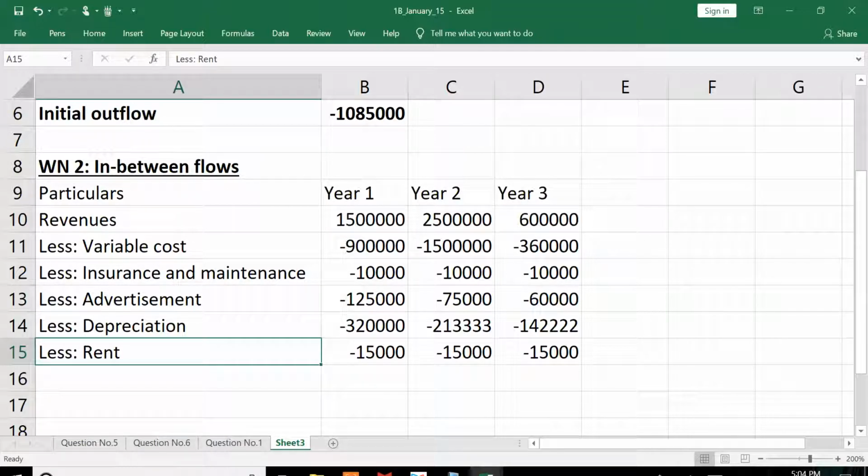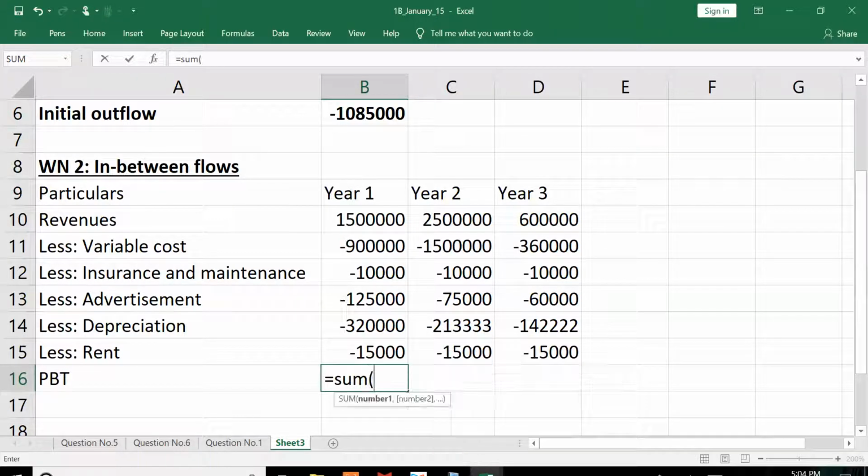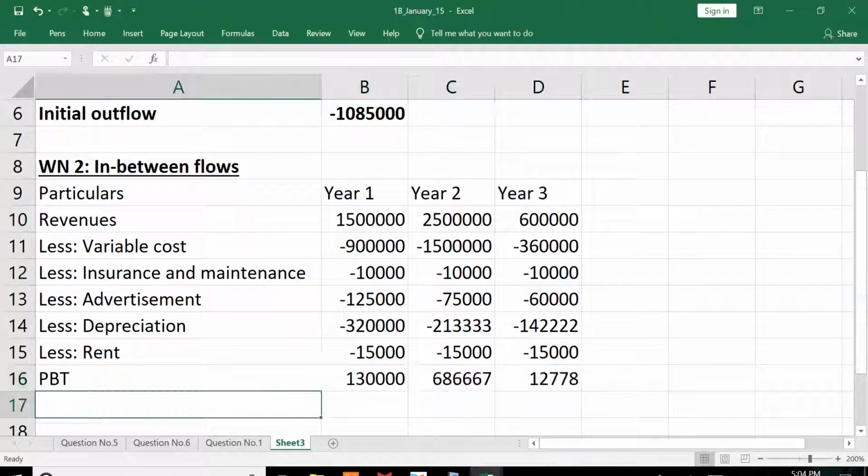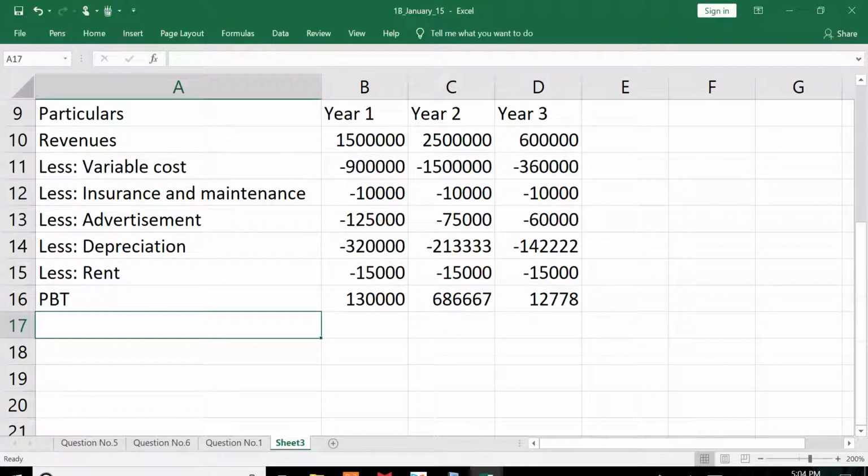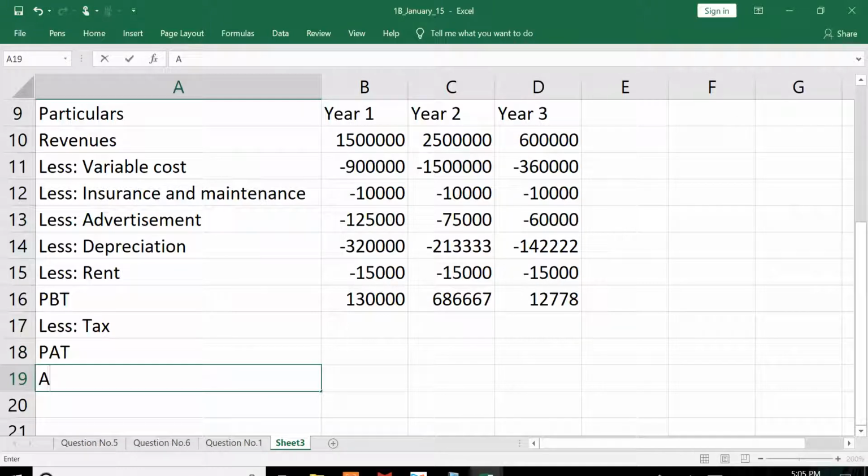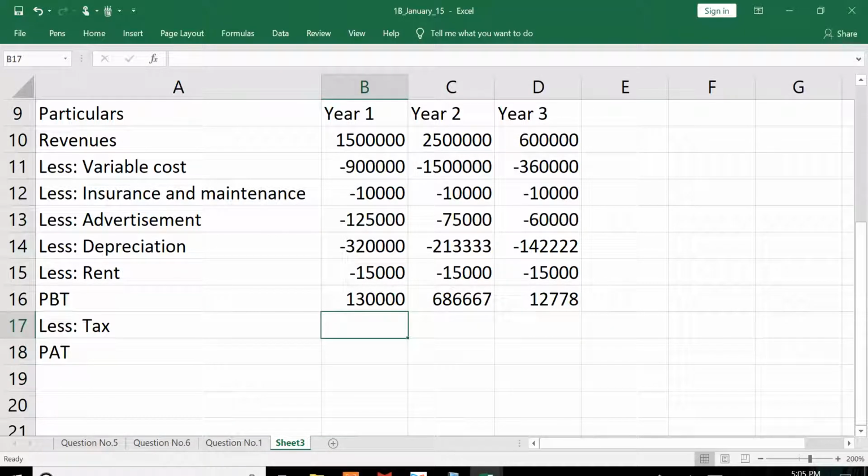The relevancy test will happen only through a yes or no analysis. If you try doing that, you will get to know. Then you get PBT. What was the tax rate given? 50%.